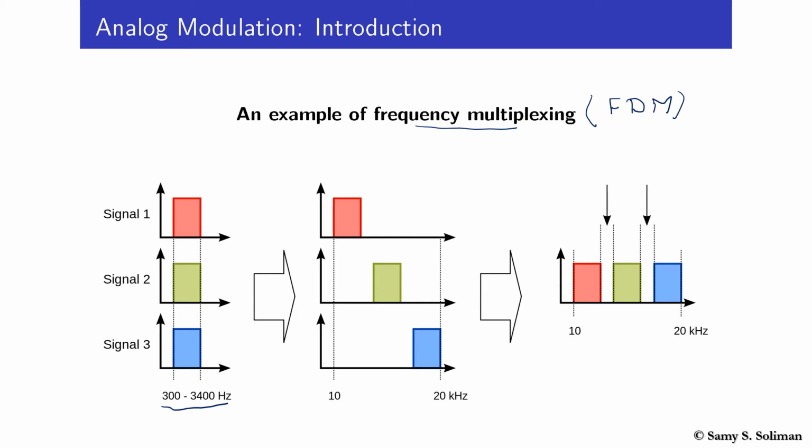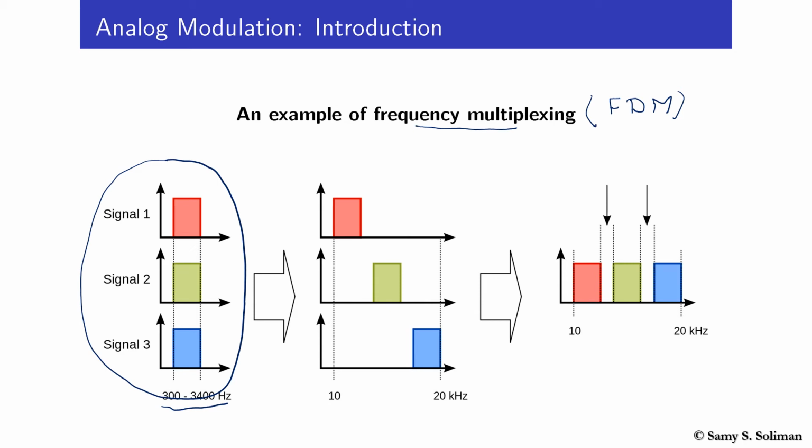However, even if we don't have a wireless communication system and we have a wired communication system, but we want to use that wired channel to communicate more than one signal instantaneously, if we send the 3 signals at the same time in this form, we will have an overlap between the 3 signals, because the 3 signals will be transmitted at the same time and at the same frequency. They have components in the same frequency range. So there will be overlap and the receiving side will not be able to separate each signal from the other.